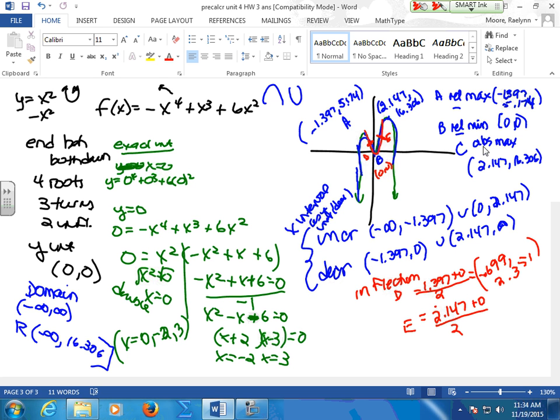Do the same process and find me the midpoint. 1.074. Okay, go to your calc. 6.829. Very good. Did everybody come up with that point?